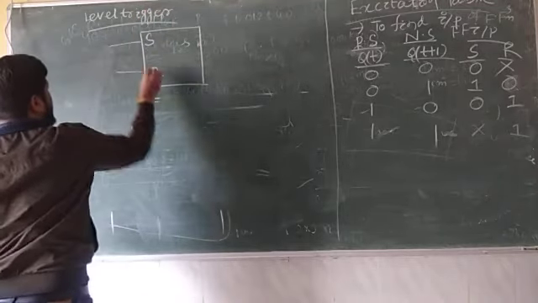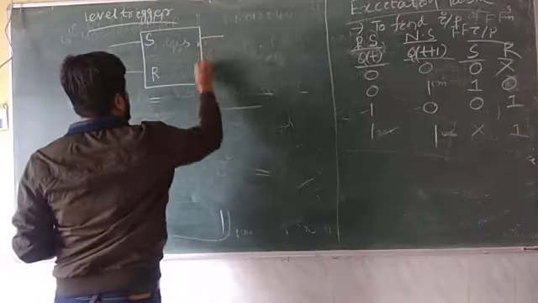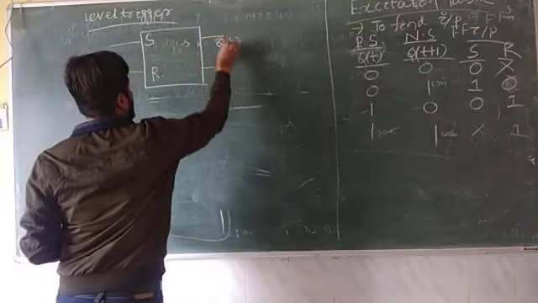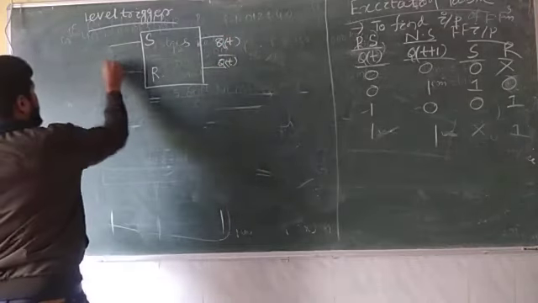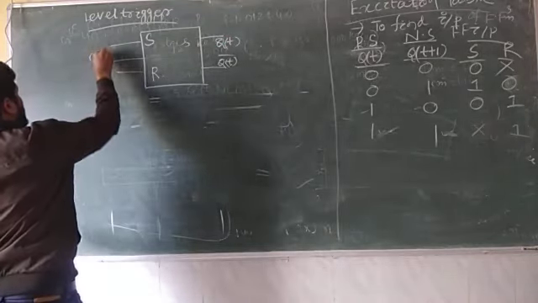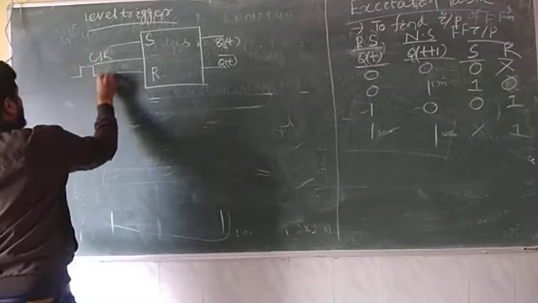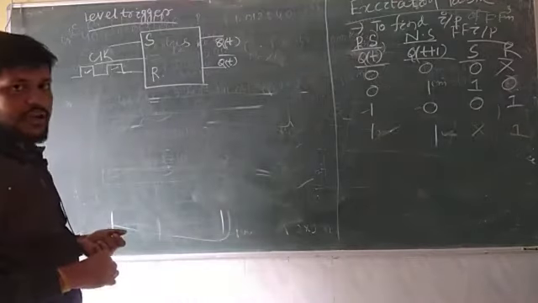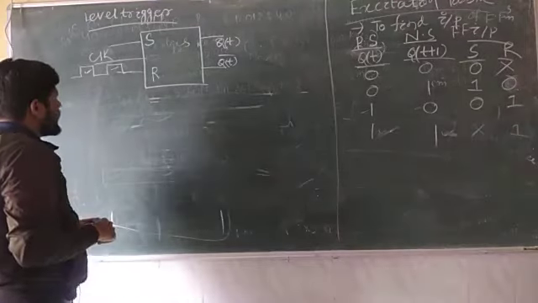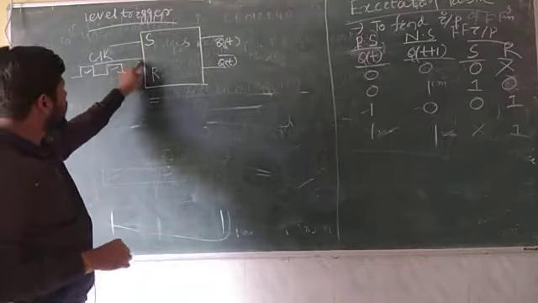The flip-flop always has two outputs, Qt and Qt bar. Here a clock pulse is applied. Level trigger means this type of clock, and this is your active high level trigger. If active low, you need to put a dot here.